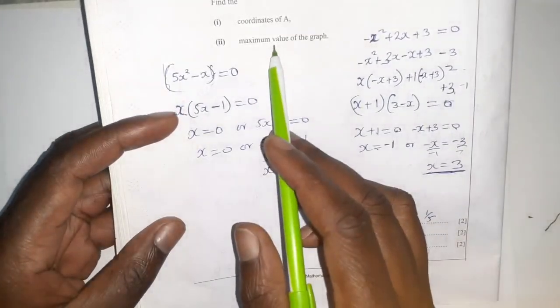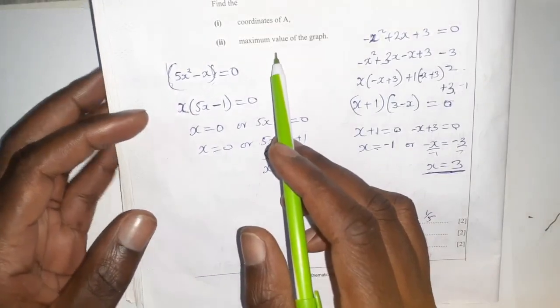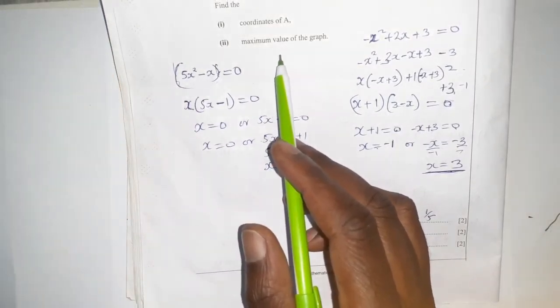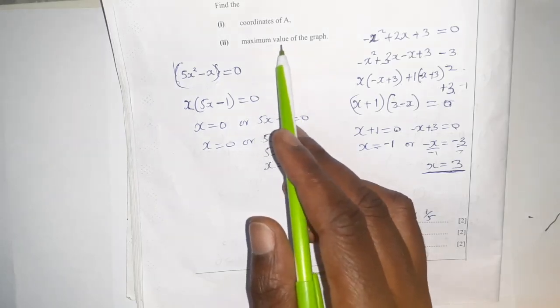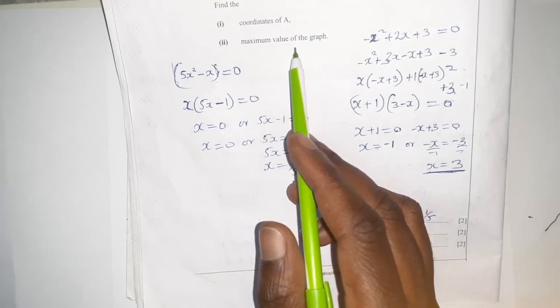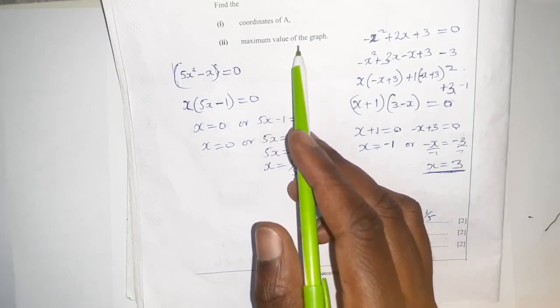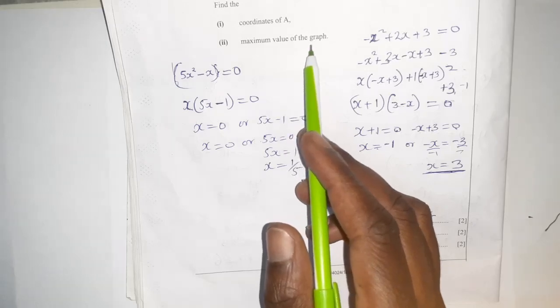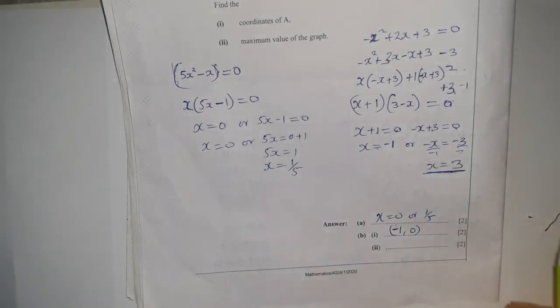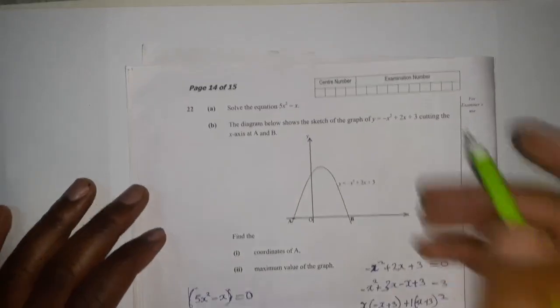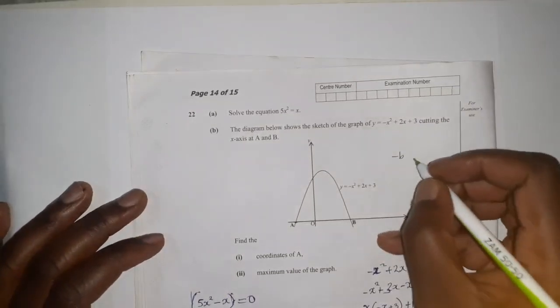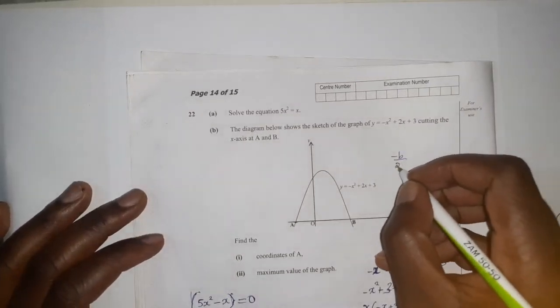Then find the maximum value of the graph. So what are we supposed to do here? Maybe we can first find the x and see what we're going to get.